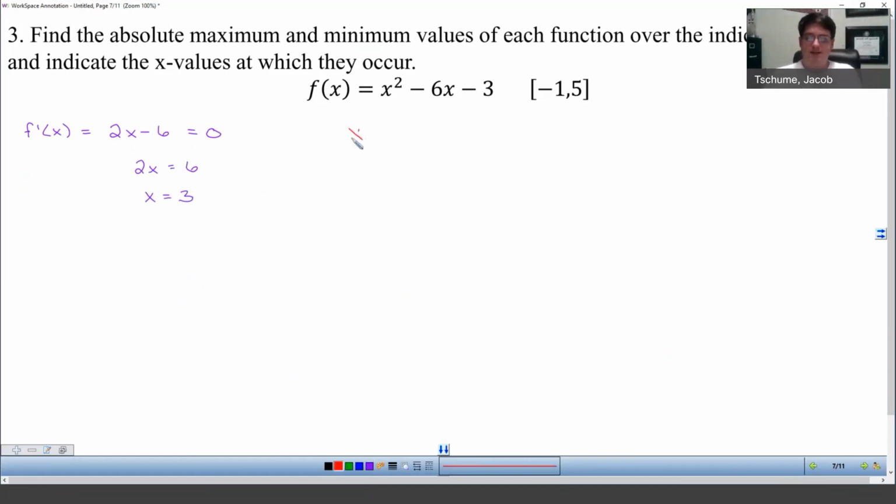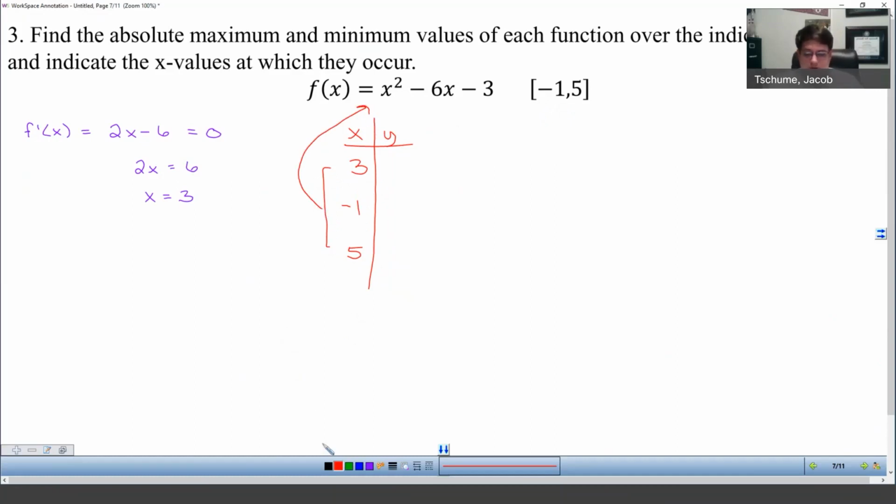I'm going to make my t-chart like I did just a minute ago. This time I'm going to take my critical value, which is 3, and I'm going to list that number first. And then I'm also going to list both of my endpoints, because that's part of the process. Getting my calculator out, I'm going to plug all 3 of these numbers back into the original function.